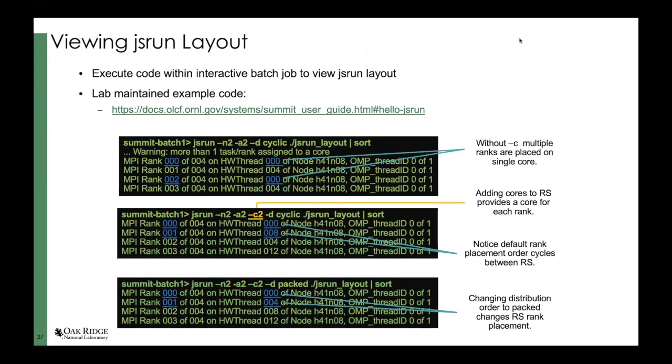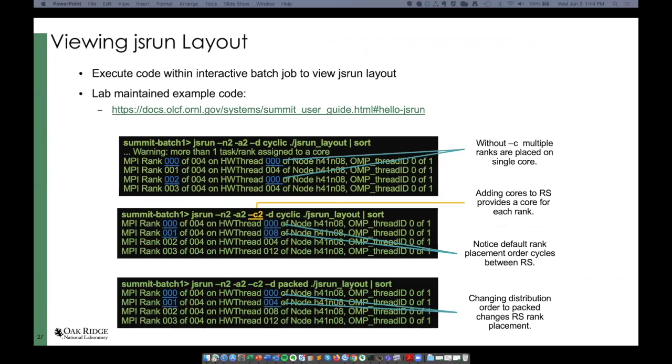So we've gone through some ways in the first part of this to show how JSRun will lay out and how you go through BSub to allocate resources. The next thing I think you're going to want to do is take those basic examples and begin to play around with that layout in JSRun and see how the different flags impact layout.